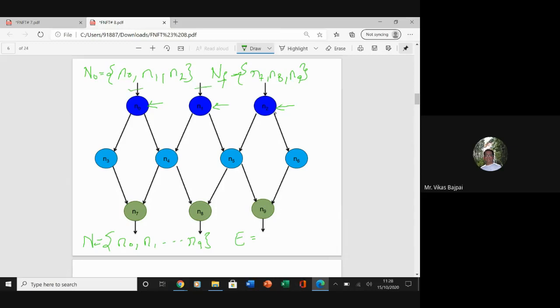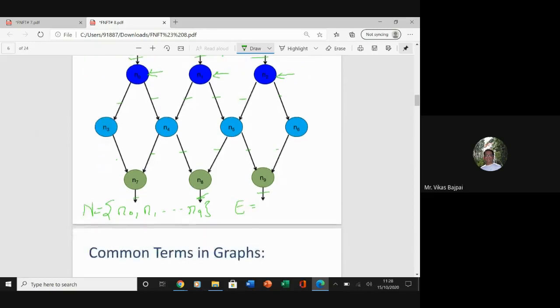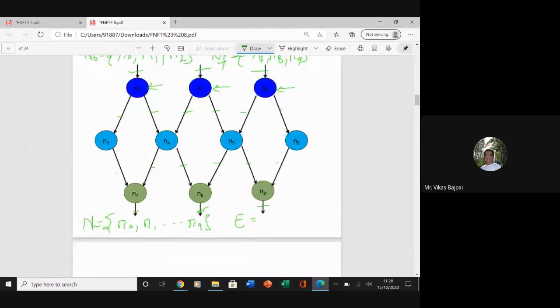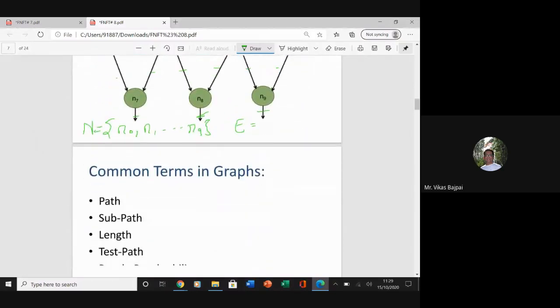It's like 1, 2, 3, 4, 5, 6, 7, 8, 9, 10, 11, 12, 13, 14, 15, 16, 17, 18. So I have nearly 18 edges, so I'm not going to write there. You might have got the idea by this time now. So this was all about some basic terms and basic constituents of a graph.